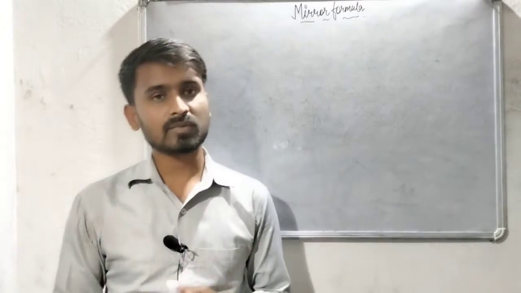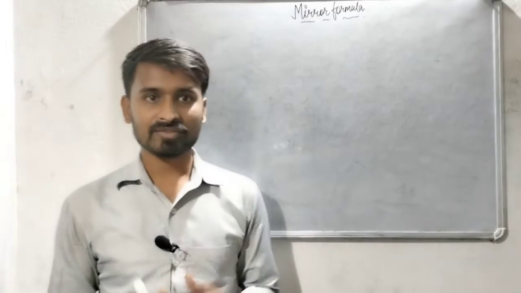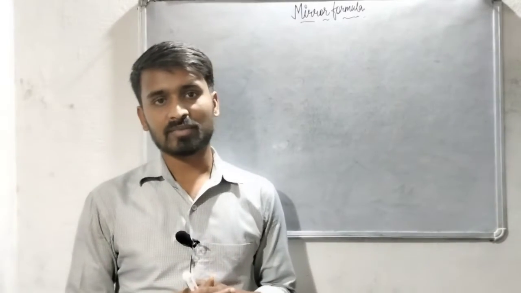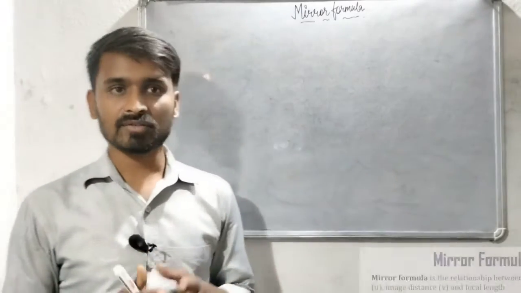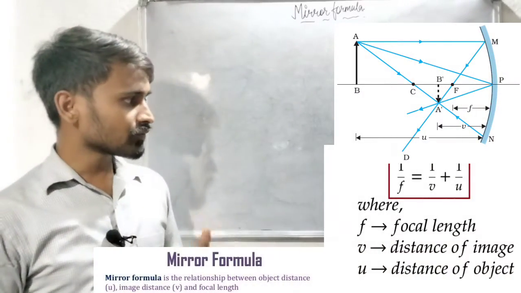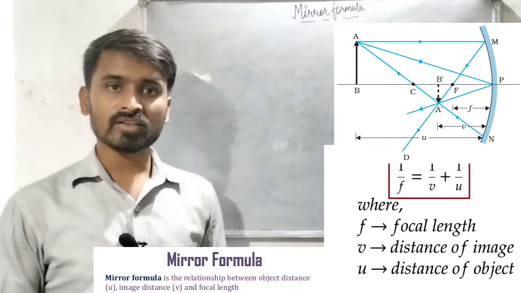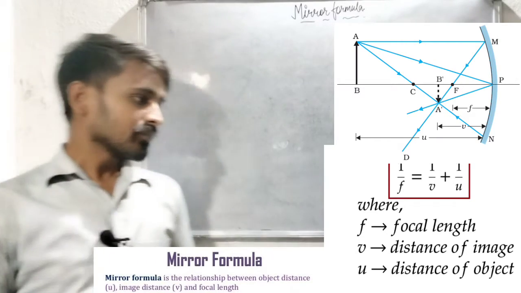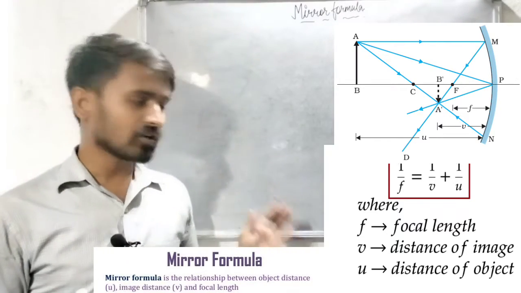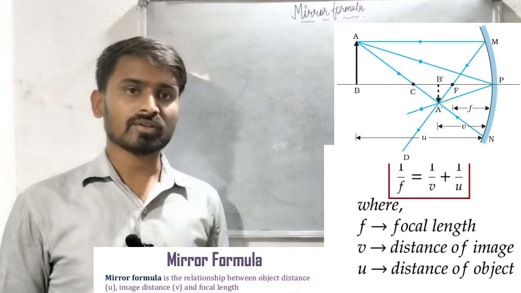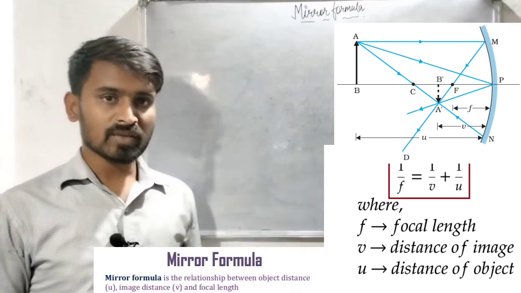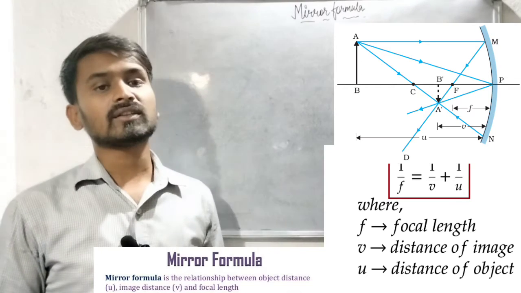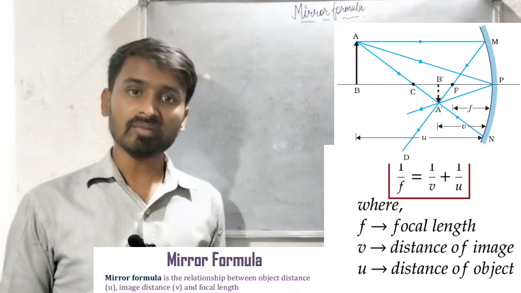In the last lecture we discussed the derivation of f is equal to R by 2, and in this class we will study the derivation of the mirror formula. The mirror formula is a formula that tells about the relationship between object distance, image distance and the focal length for a given spherical mirror.